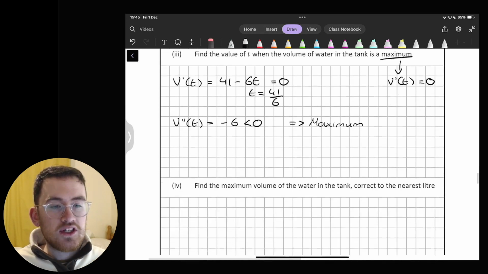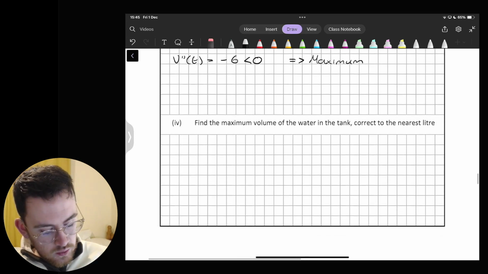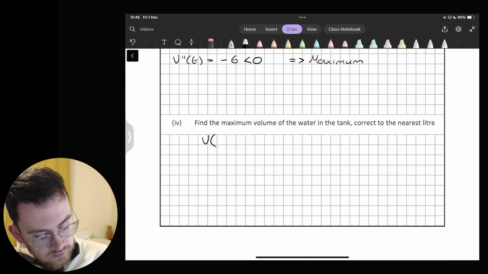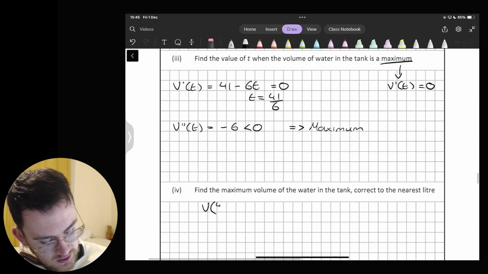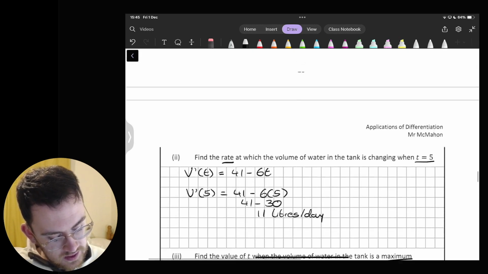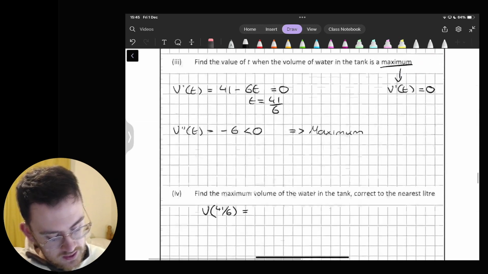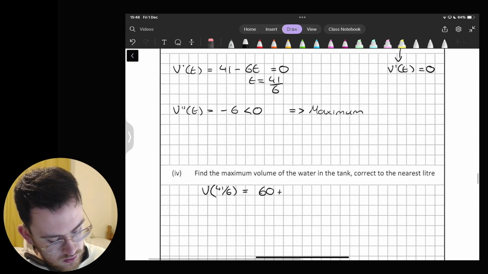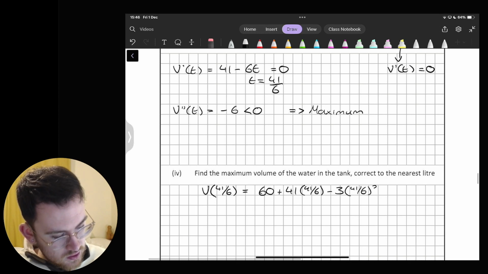And we want to now find that maximum volume of water. So we're going to find the volume for t equal to 41 over 6. Okay, so subbing that into the original function, 6t plus 41 by 41 over 6 minus 3 by 41 over 6 squared.